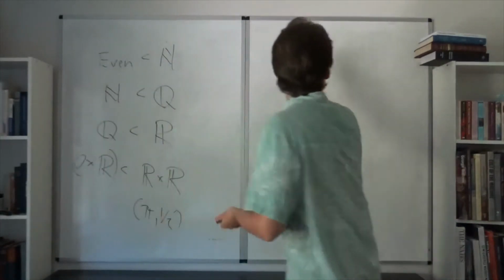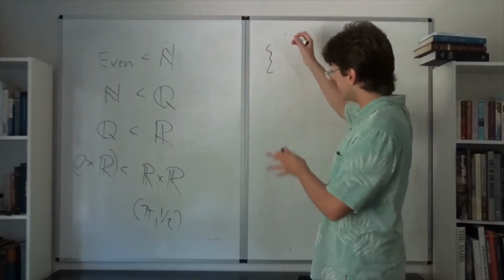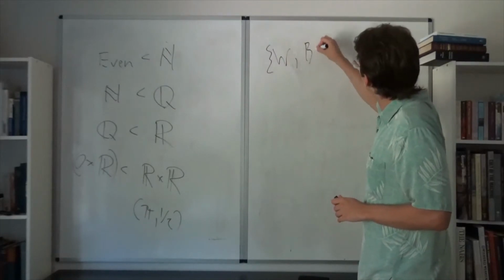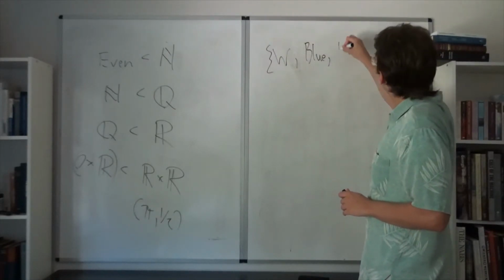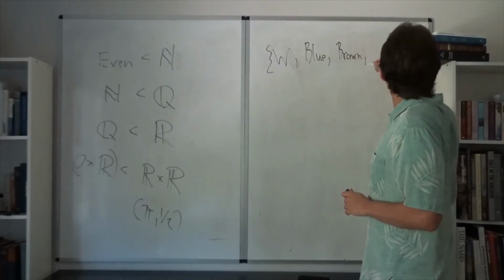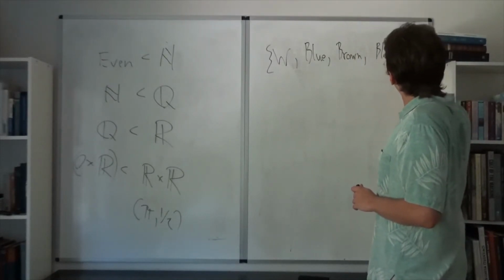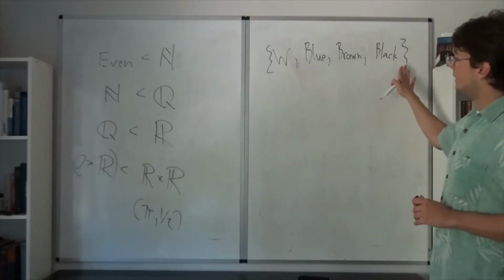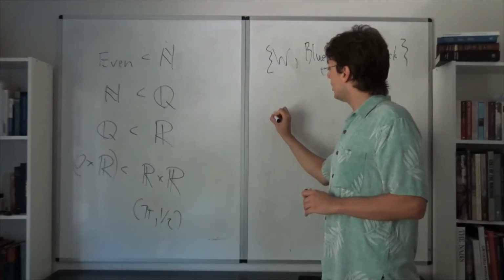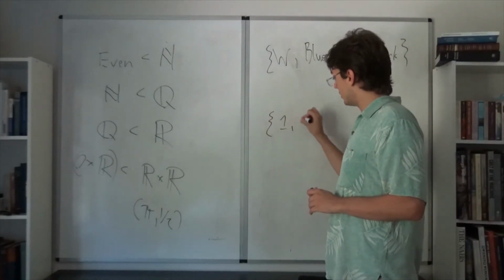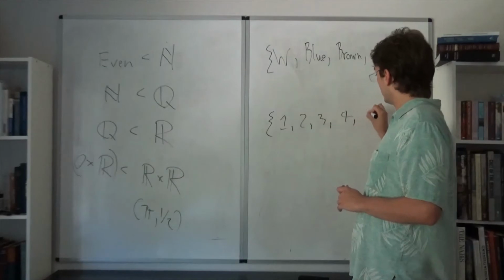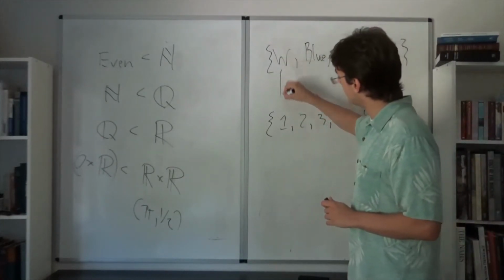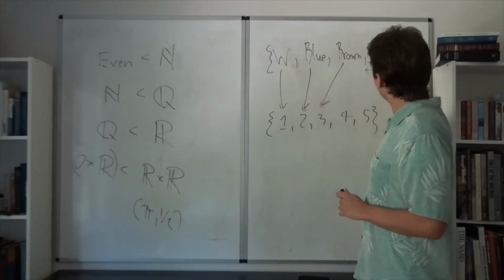So it's like I have a set of a white book, a blue book, a brown book, and a black book. There's no way I can take these guys and go to all my fingers, which I'll just give numbers. There's no way to pair off all of these guys with all of these. I can do something like this, but then I'm missing 5.